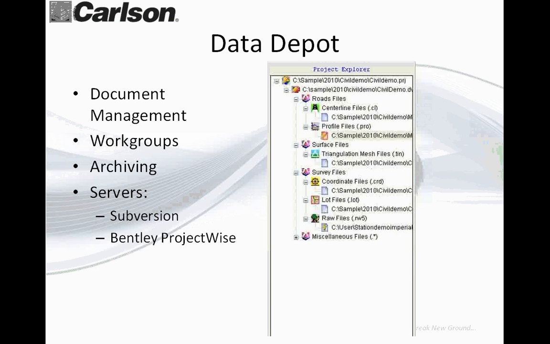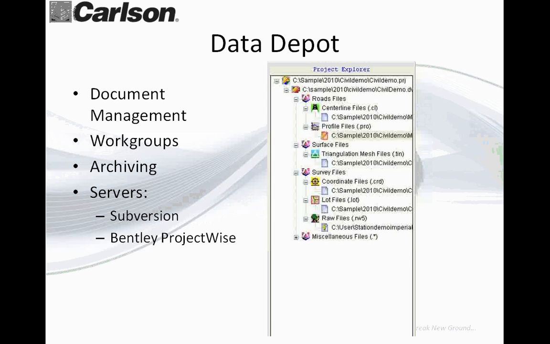There's a new Carlson Data Depot, which is a document management program that handles drawings and your project data files. One of the features is for work groups to share files between users. It tracks who has the file for edit. And another feature is for archiving.